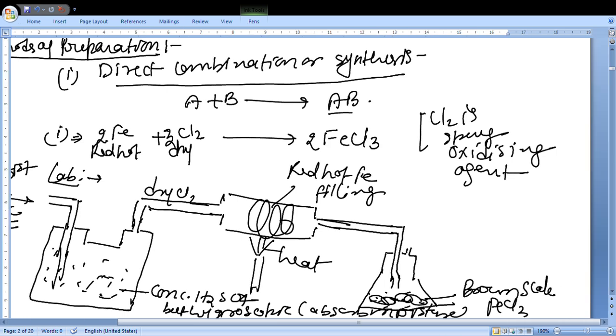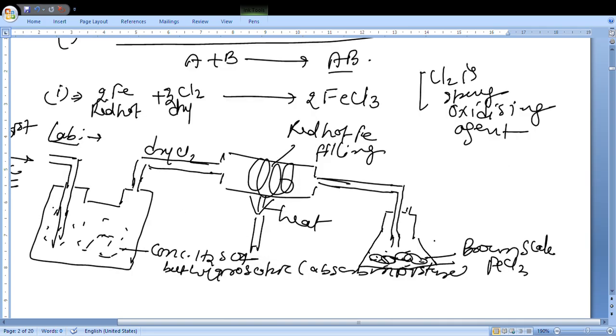But here this FeCl3 needs to be dried. Reason? Because it is a deliquescent substance.